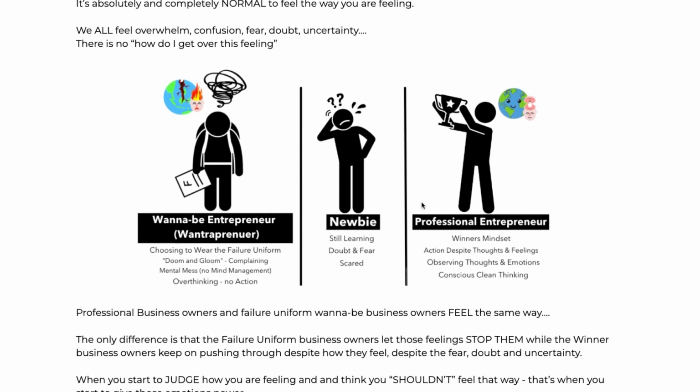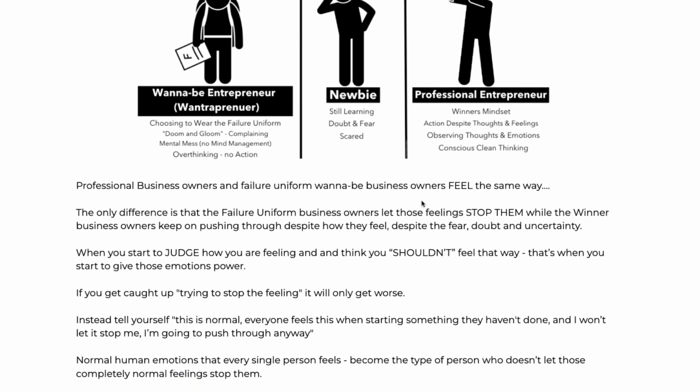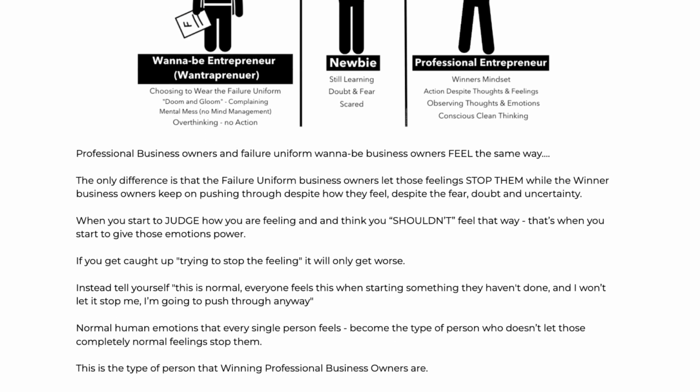But here's the difference between professional business owners and those who wear the failure uniform and want to be entrepreneurs. They feel the same way. The only difference is that the failure uniform business owners let those feelings stop them, while the winner business owners push through despite how they feel, despite the fear, despite the doubt, despite the uncertainty.